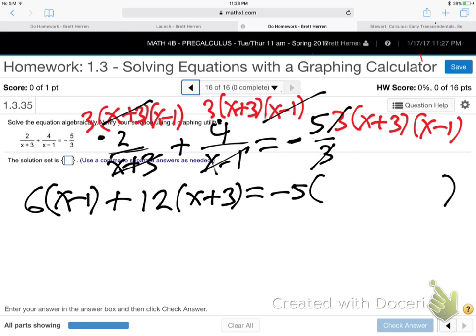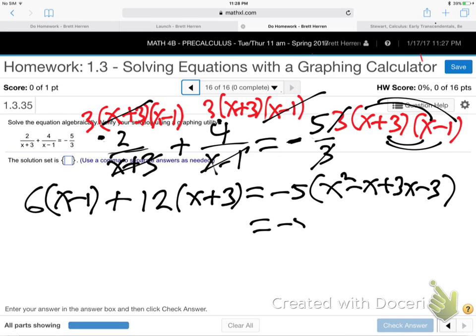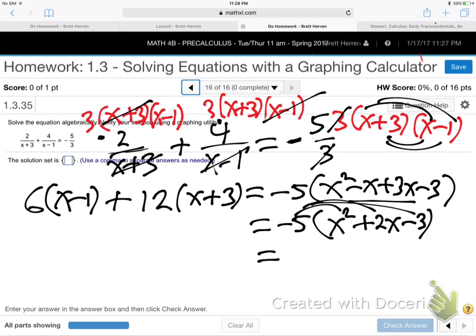And then you FOIL what's there. X times x is x squared minus x plus 3x minus 3. Gather like terms over there. X squared minus x plus 3x is plus 2x. And then go ahead and distribute that minus 5 through what's left. So minus 5x squared minus 10x plus 15.